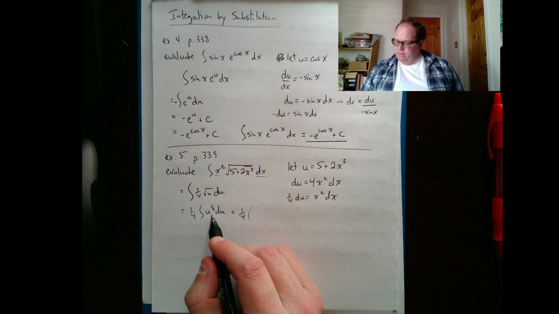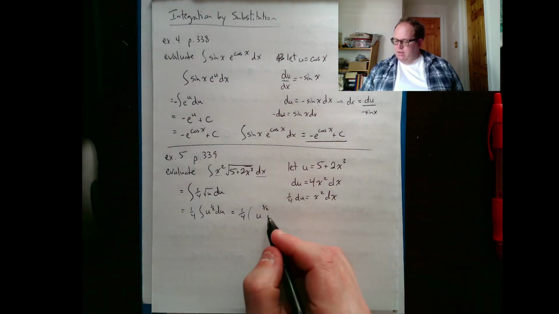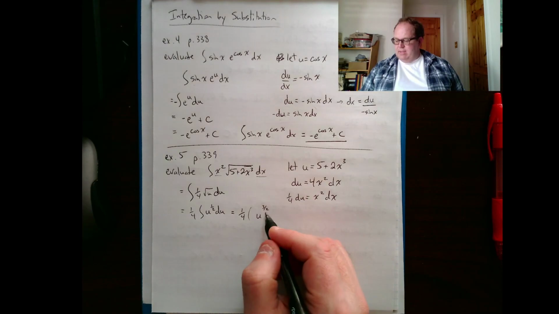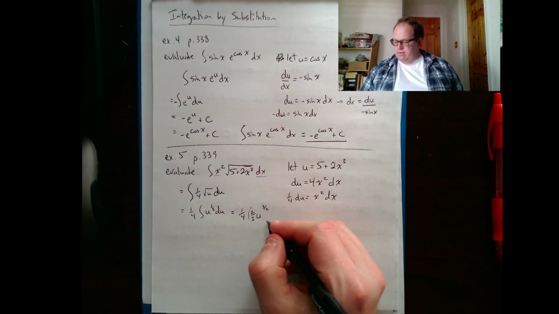Antiderivative of u to the 1/2 would have to have a u to the 3/2 in it, and then if I were to go back the other way and take the derivative of this, I'd bring the 3/2 down, so I'd need a 2/3 to get rid of that.